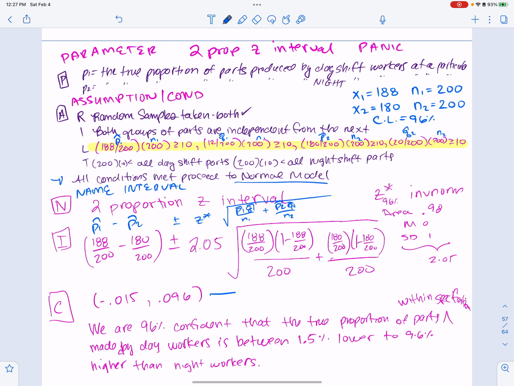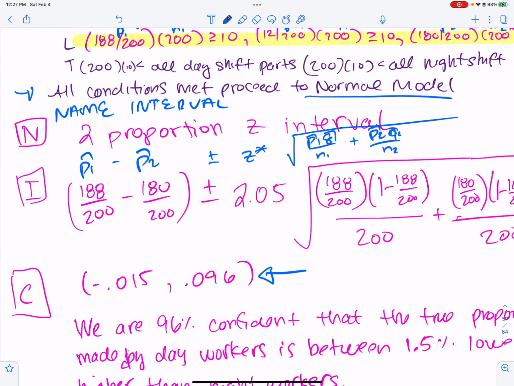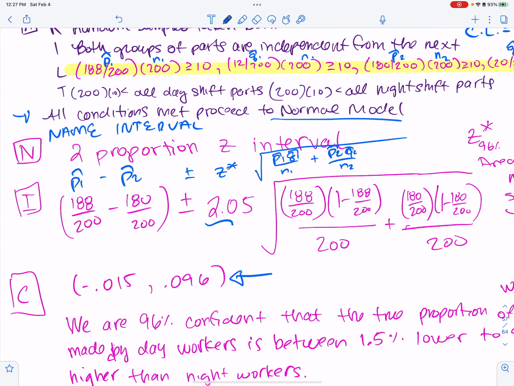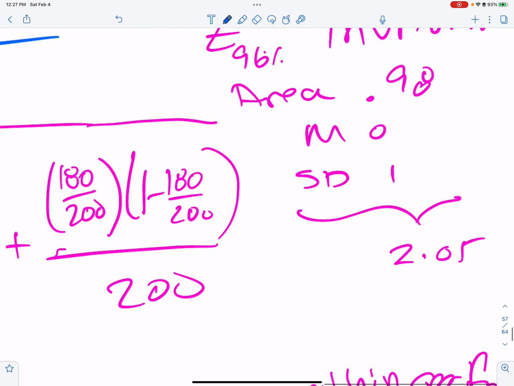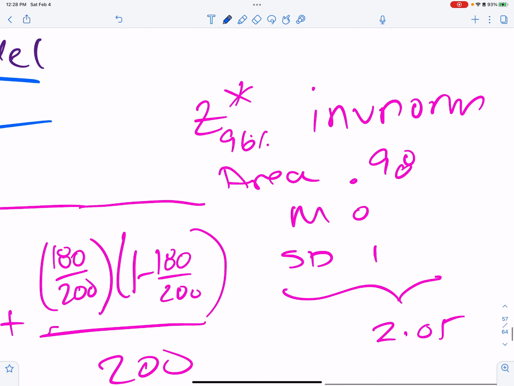Again, you see that this value that I already got was from my calculator. Now, the way I got 2.05, my calculator, when I did the 2 proportion Z test, did not give me that. So I'm going to show you how I found that. I did that with a Z star inverse norm. The reason I used 0.98 is because inverse norm is not a confidence interval calculator. It's a regular calculator that's just doing the percentage and the Z scores underneath the curve.